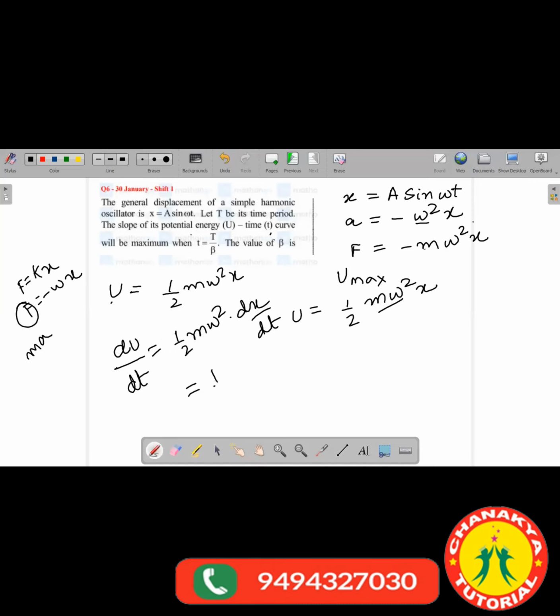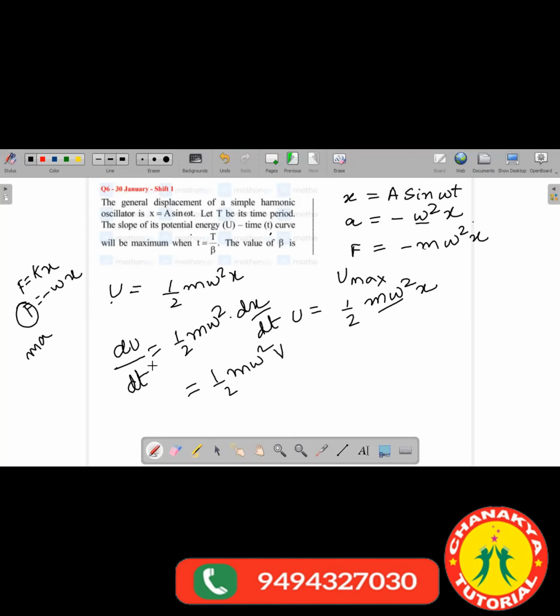So you get 1 by 2 m omega squared, and dx by dt is the velocity at that instant of time. Now this has to be maximum. This du by dt has to be maximum, and for the maximum value of du by dt, this expression should be equal to 0. Okay.